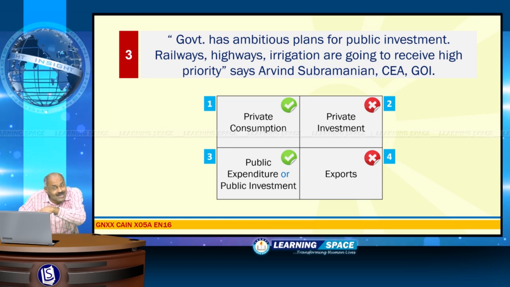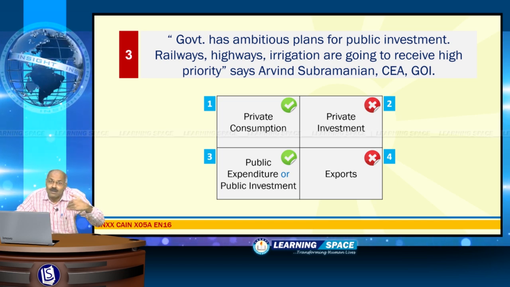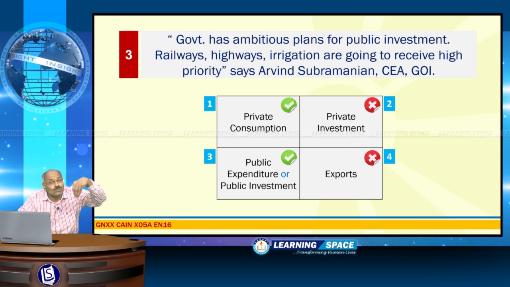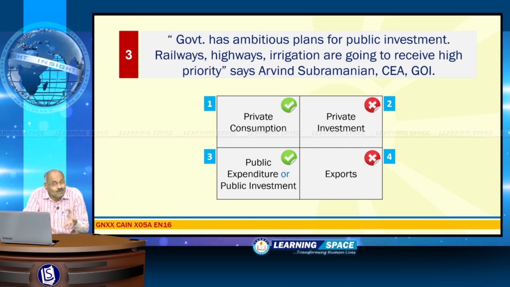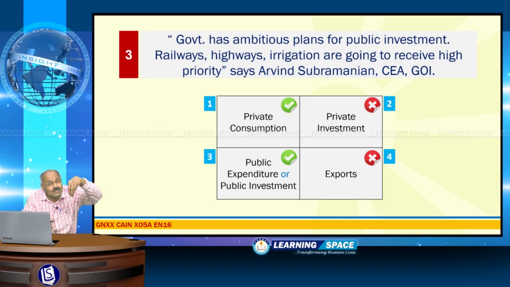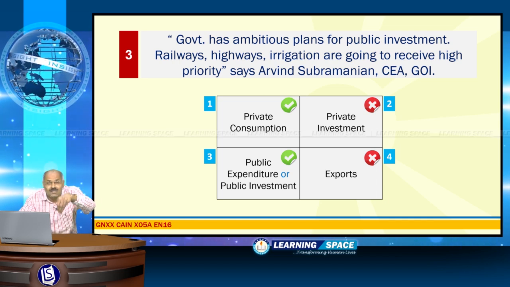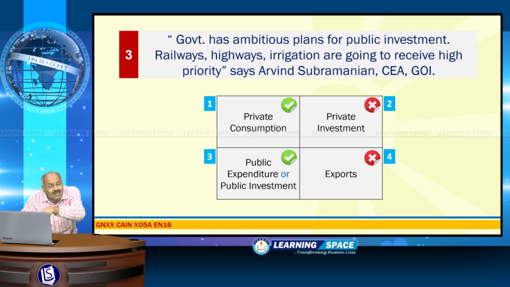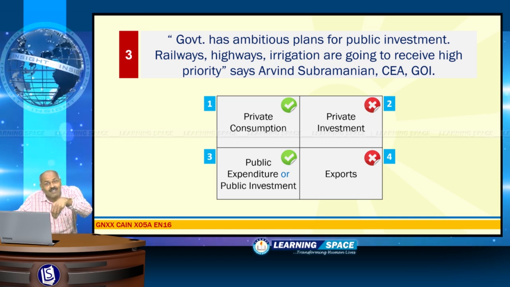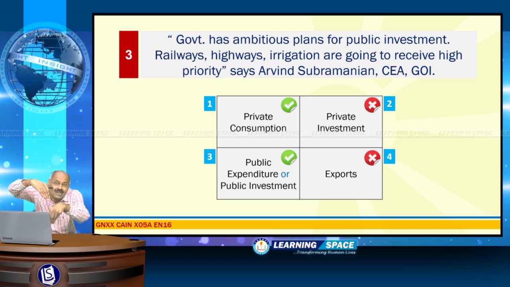So, under these circumstances, what does government have to do? Government has to go for more public expenditure. If government spends more on roads, railways, ports, irrigation, then what will happen? Private investment will also crowd in.